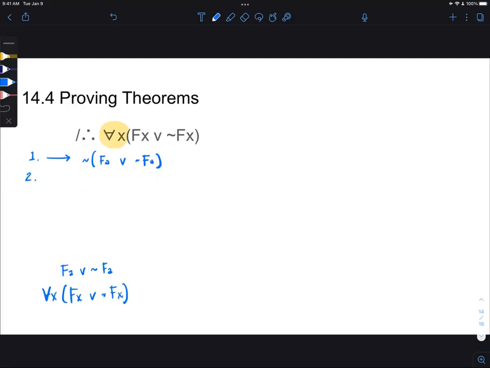What do we do next? Where are we trying to go? Well, we know that to end an indirect proof, we need to end with a contradiction. Here's another thing that is slightly different in the proof checker from the way it was done, at least in the Canvas exercises. I had us end with one sentence that was an explicit contradiction, something, conjunction, something, the negation of that thing.